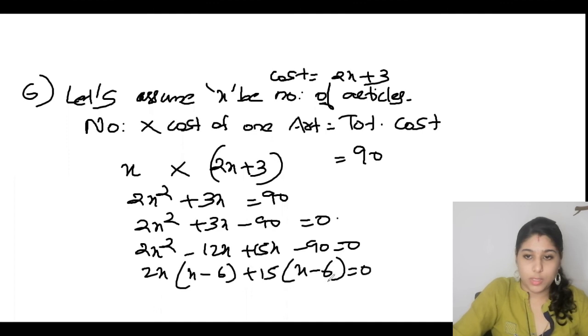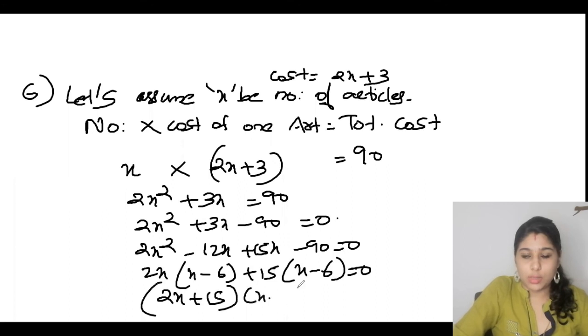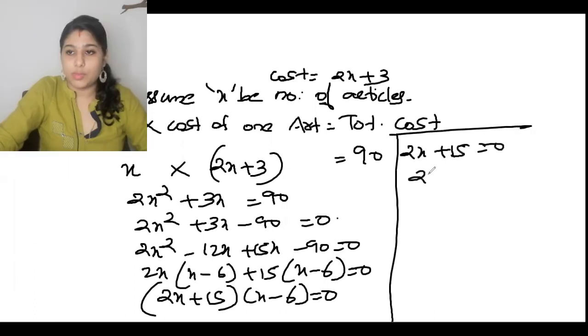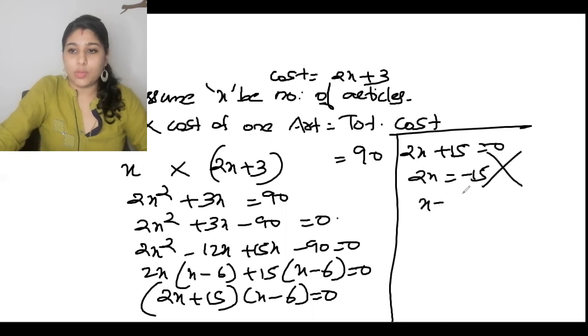Then only 90 will come. So (2x plus 15) into (x minus 6) is equal to 0. So 2x plus 15 is equal to 0 gives 2x is minus 15, which is not possible as it is negative. x minus 6 is 0, therefore x can be 6.